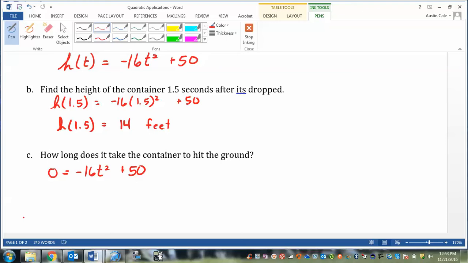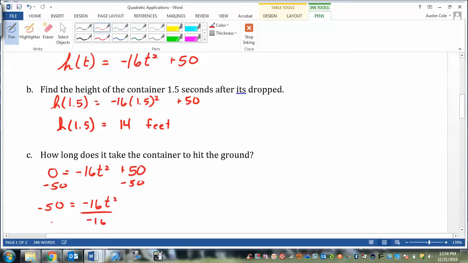Guys, if we're just given a t squared and no t, well, I can minus 50 on both sides. I'll get negative 50 equals negative 16t squared. Now I can divide both sides by negative 16.